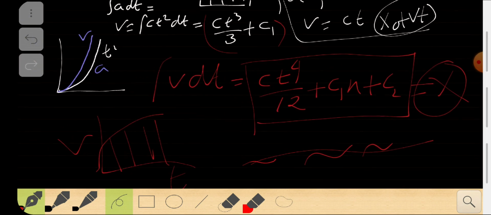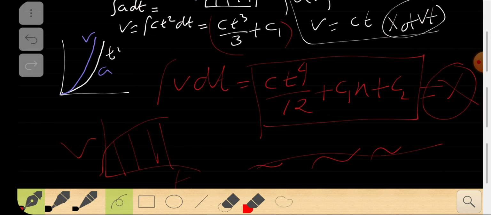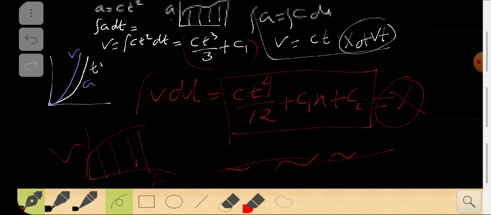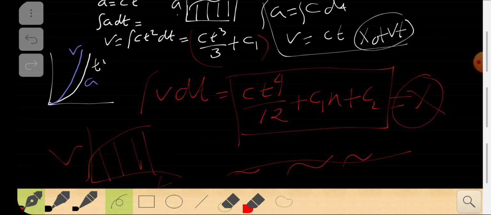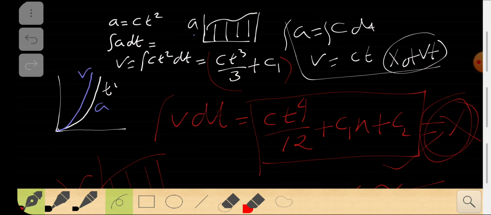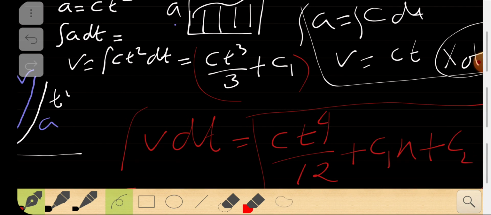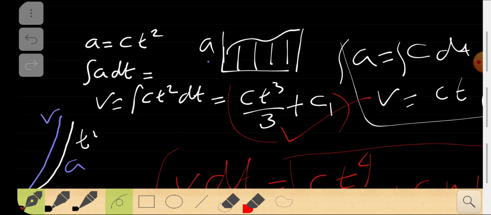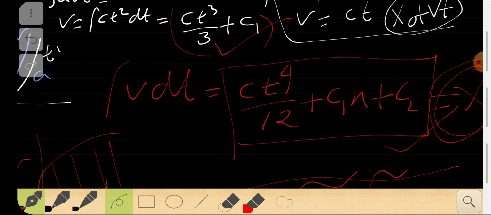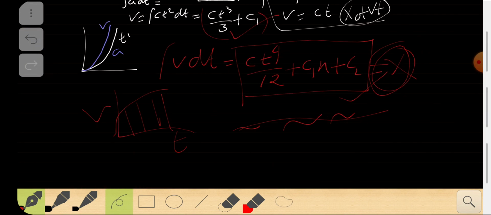This is a very simple concept, but it is deep and needs much more understanding if you want to apply it somewhere. The integral of acceleration gave us the velocity, and the integral of velocity gives us the displacement. That's a basic thing.